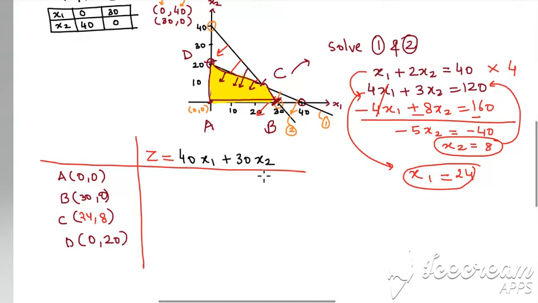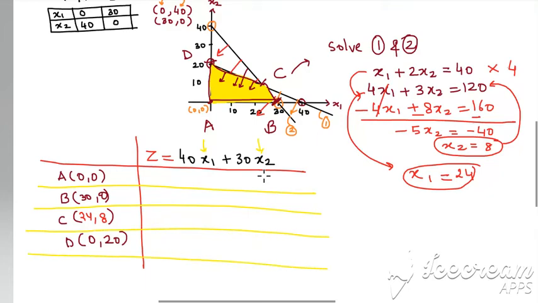To calculate the value of z at each point, we are going to replace x1 and x2 by 0, 0 if we are calculating the value at point A, by 30, 0 for B, by 24, 8 for point C, and similarly 0, 20 while calculating the value at D. So let's see what it gives you.